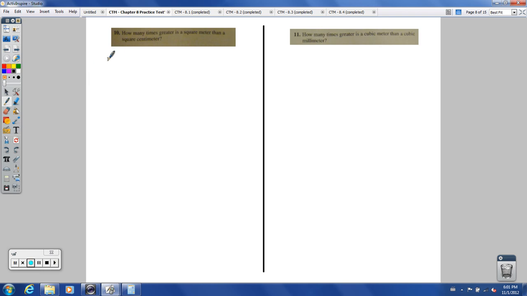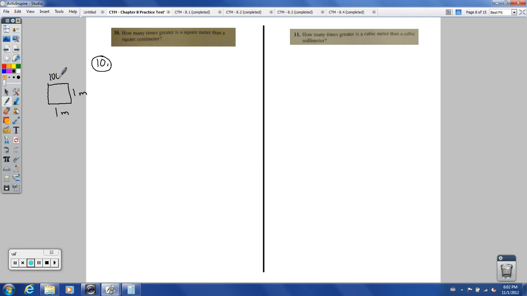How many times greater is a square meter than a square centimeter? So square meter and a square centimeter. So remember, when we're squaring things, we basically have to take how many times bigger it is and multiply it by itself. That is what we're doing. So if this was, let's say we had 1 meter here, 1 meter here, how big would this be over here?